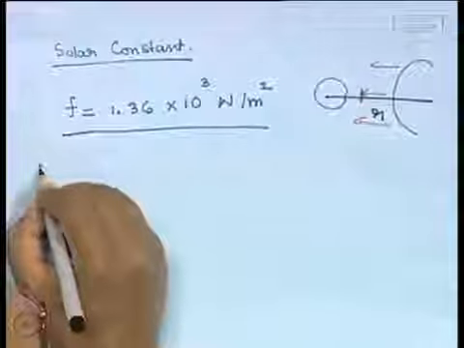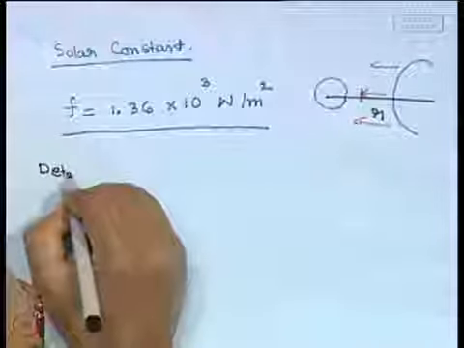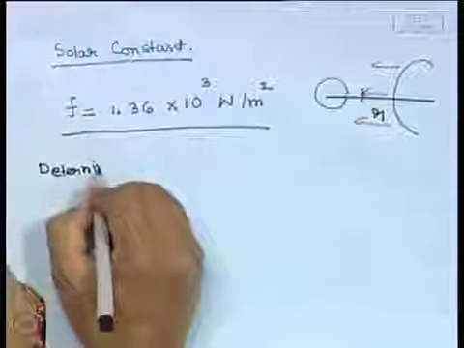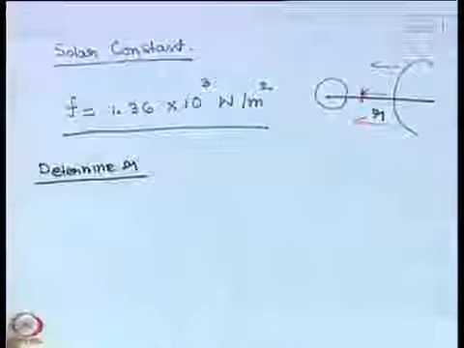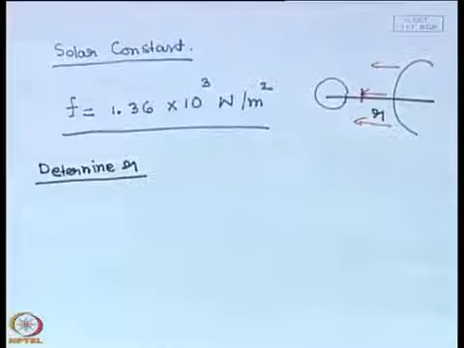I leave it as an exercise for you to look up the literature and see how the value of this r, the earth sun distance, is determined. That is an exercise which you have to do.